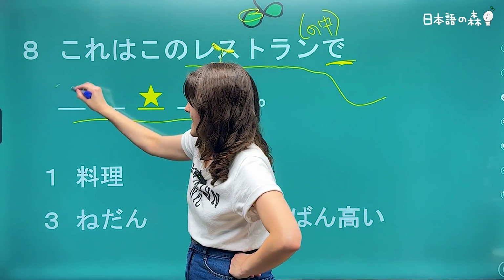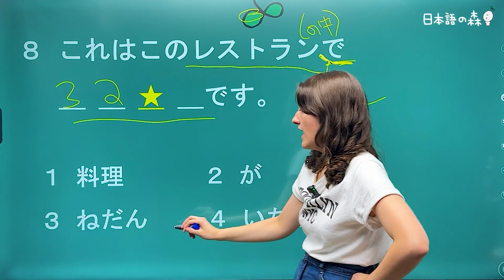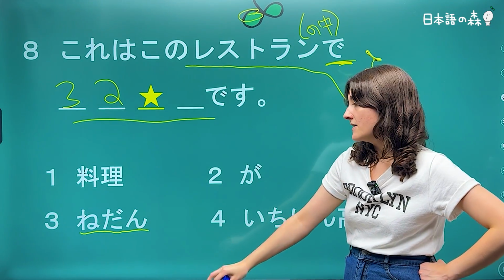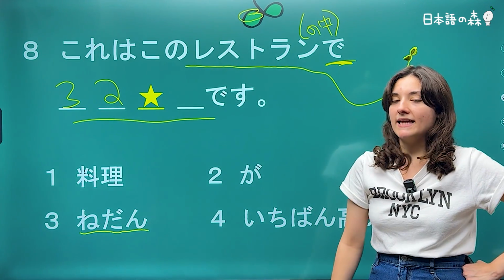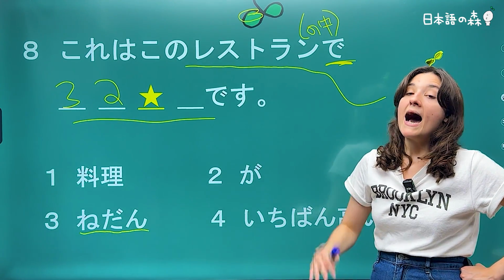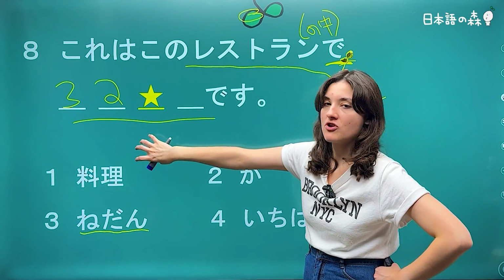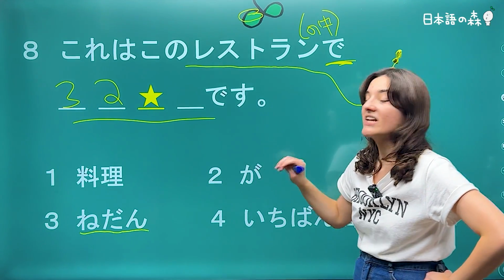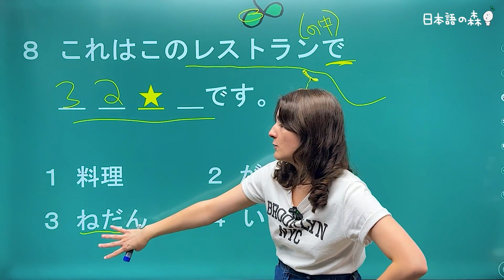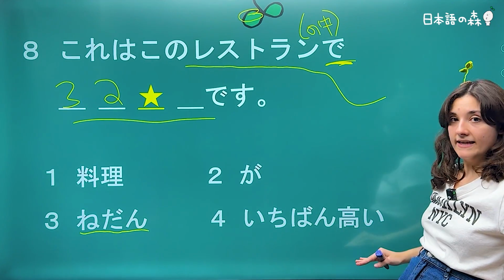Because if we say nedan ga, that means that we're about to describe something about the price. It's the same as if you think about sei ga takai desu, they're tall. Atama ga ii desu, they're smart, right? You're taking the thing you're trying to describe, ga, and then adjective. So here we have thing we're describing, the nedan, ga, and then adjective, takai.